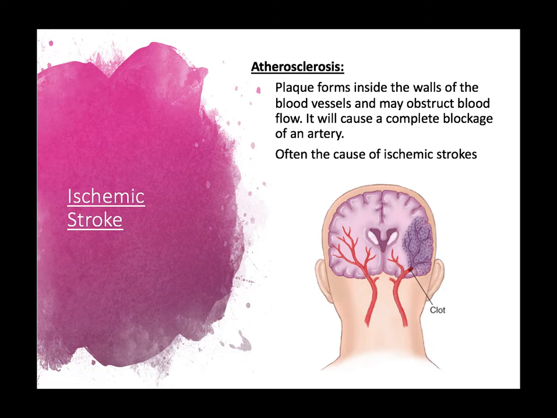So if we look at the picture here on our slide, this is the carotid artery, and you can see where the clot is. And the depiction in this slide here, where the deeper purple color is basically saying that that part of the brain is not receiving oxygen because no blood flow is happening beyond this clot. If there's no blood flow, there's no oxygen. If there's no oxygen, the brain begins to die.